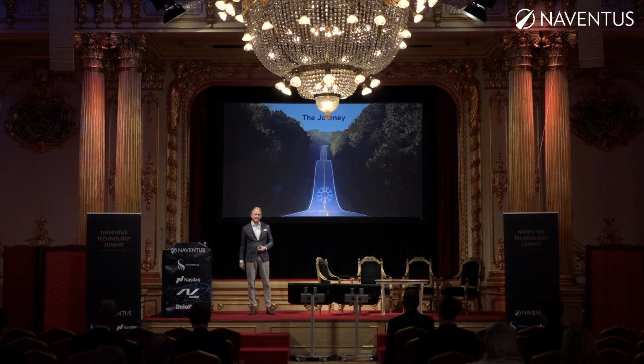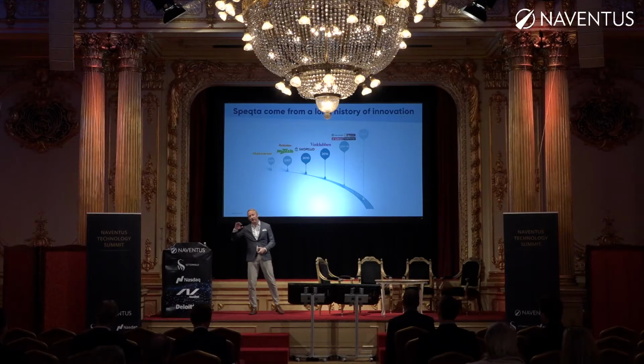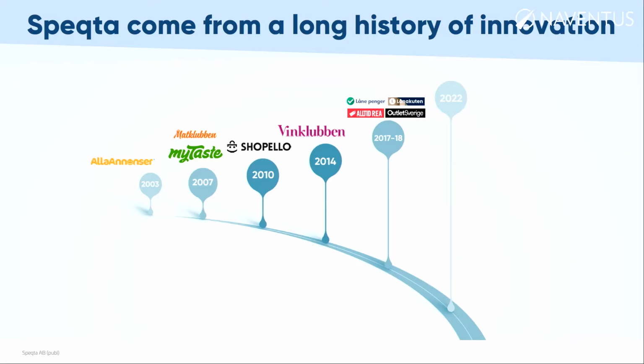How did we get there? Well, the journey hasn't been easy. It started back in 2003, where two guys in the outskirts of Stockholm had an idea of making online services. So they scraped different sites like Schibsted's and Tradera and created alla annonser.